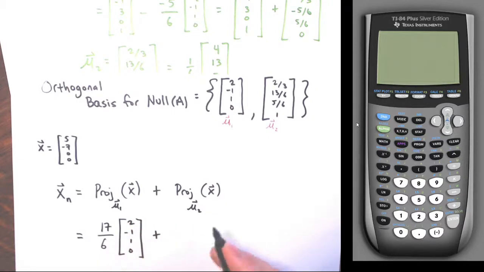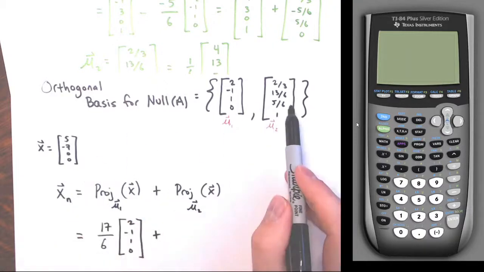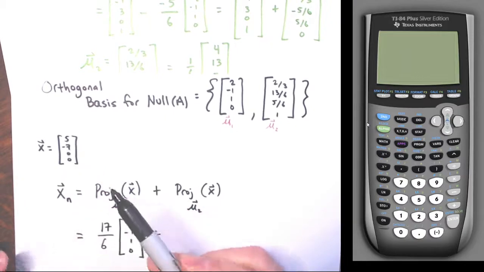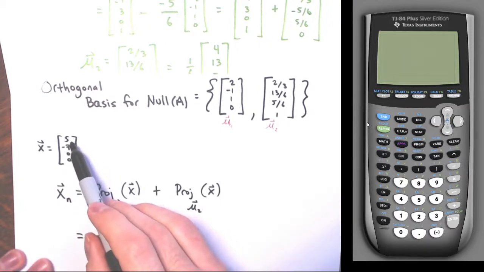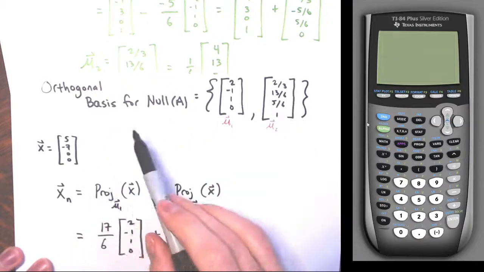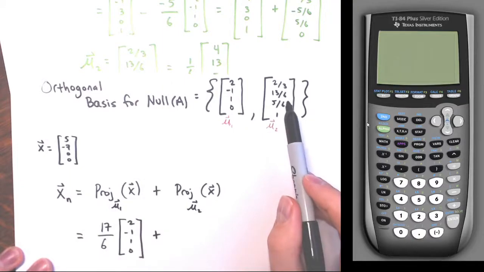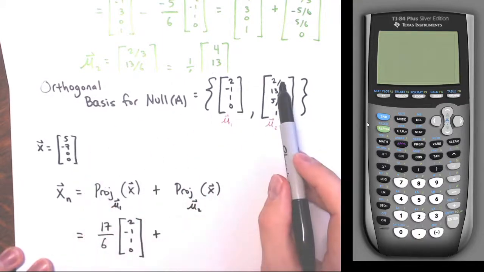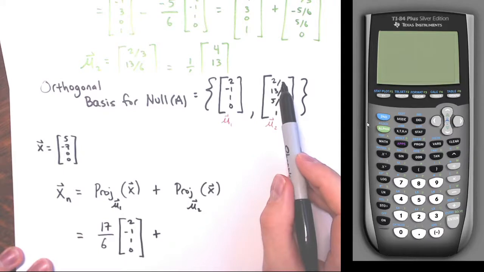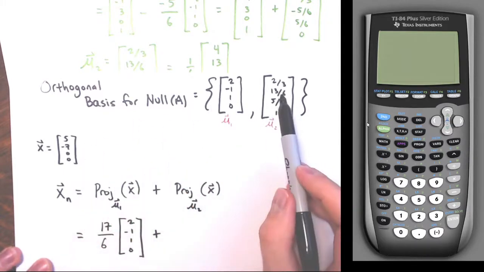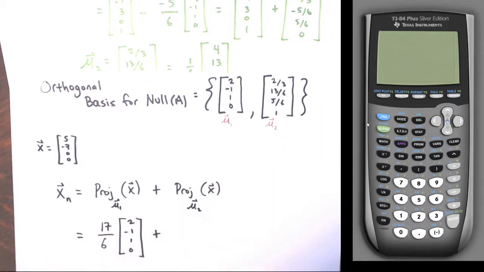plus the projection of this vector onto u2. Again, I'm just doing the first two components really. The dot product of 5, negative 7, 0, 0 with u2: 5 times 2 thirds is 10 thirds, then negative 7 times 13 sixths would be negative 91 sixths.